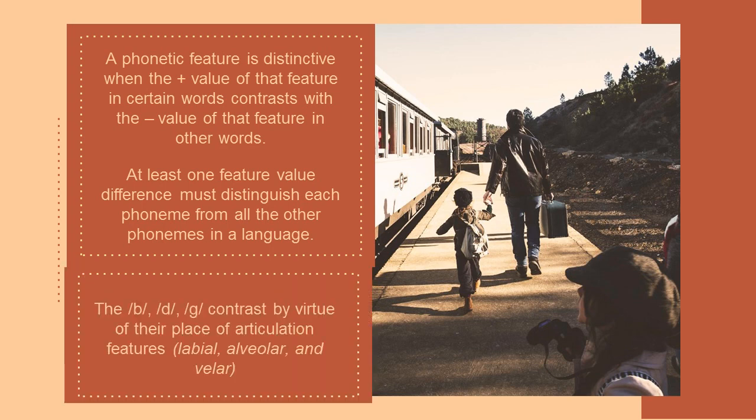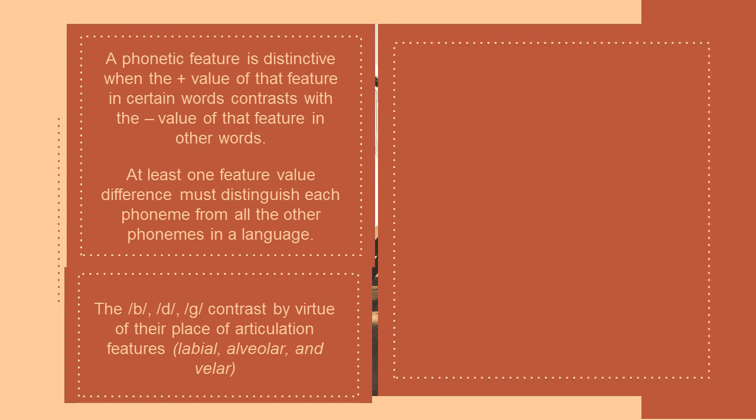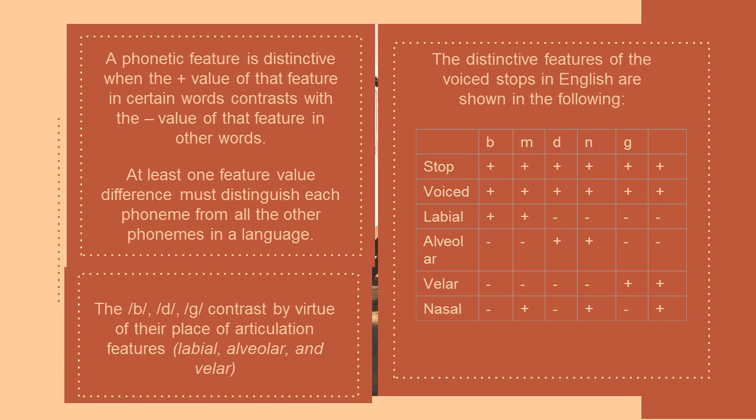The stops p, b, g contrast by virtue of their place of articulation features, which are labial, alveolar, and velar. The distinctive features of voiced stops in English are shown in the following table. It's similar to the previous table, and the explanation is quite similar.